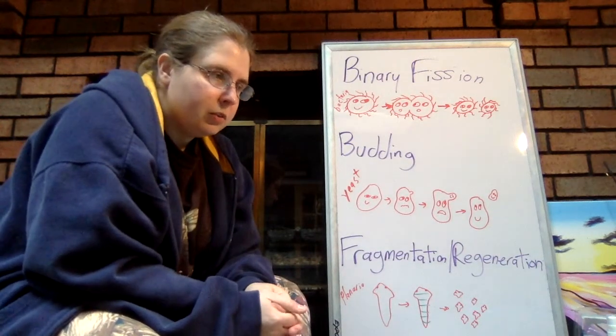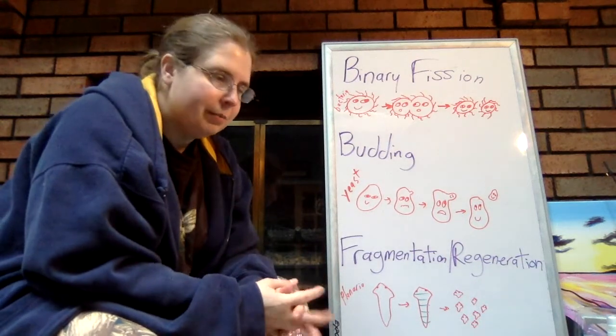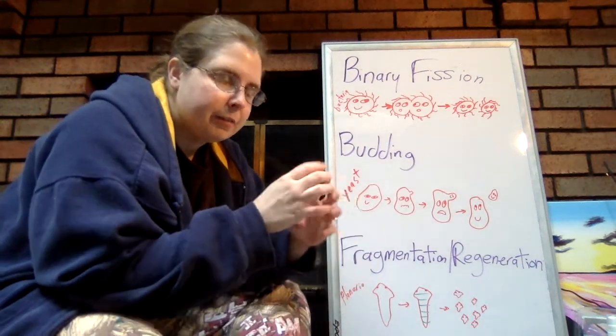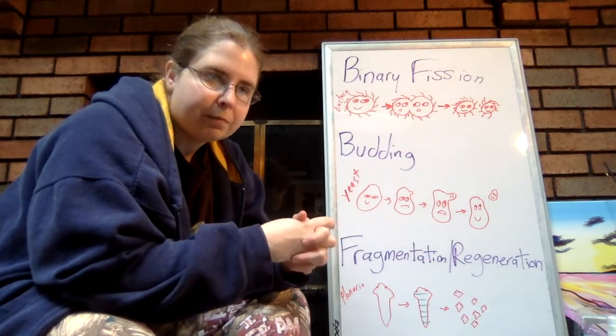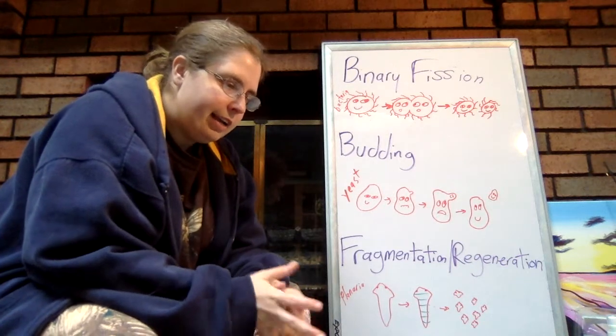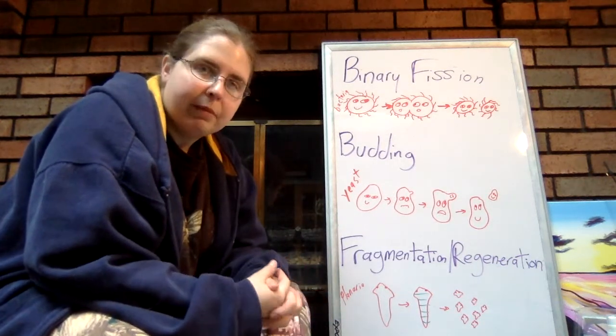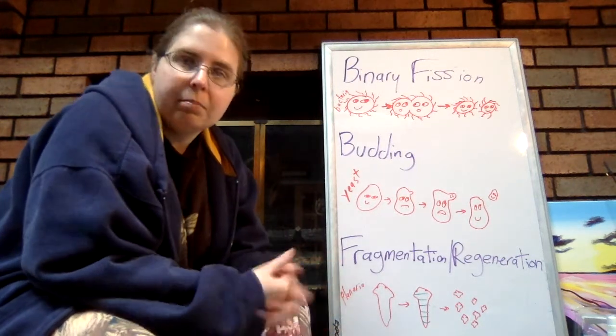This is also what can occur with potatoes. You might have heard the potato has the eyes and you bury it, it grows into a new potato plant. Well, that's what's going on. It's fragmentation. And that also occurred in Ireland way back when. But this is good and bad.